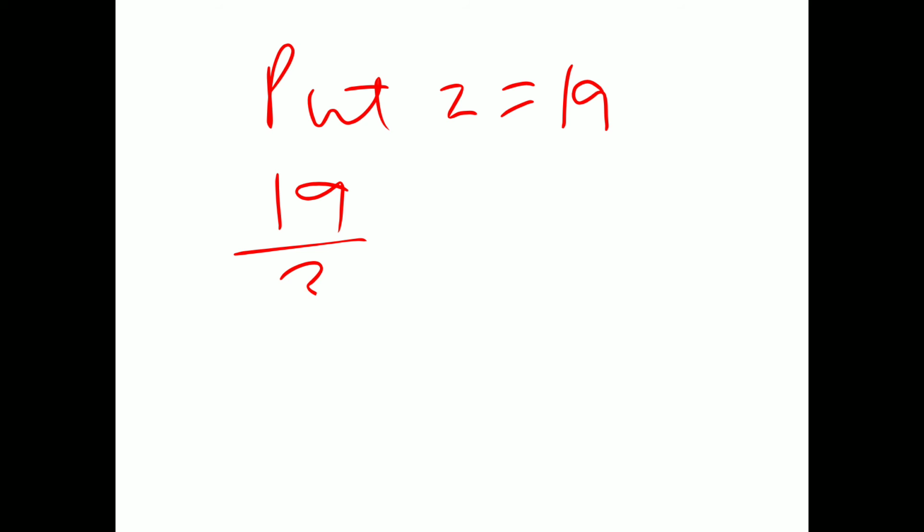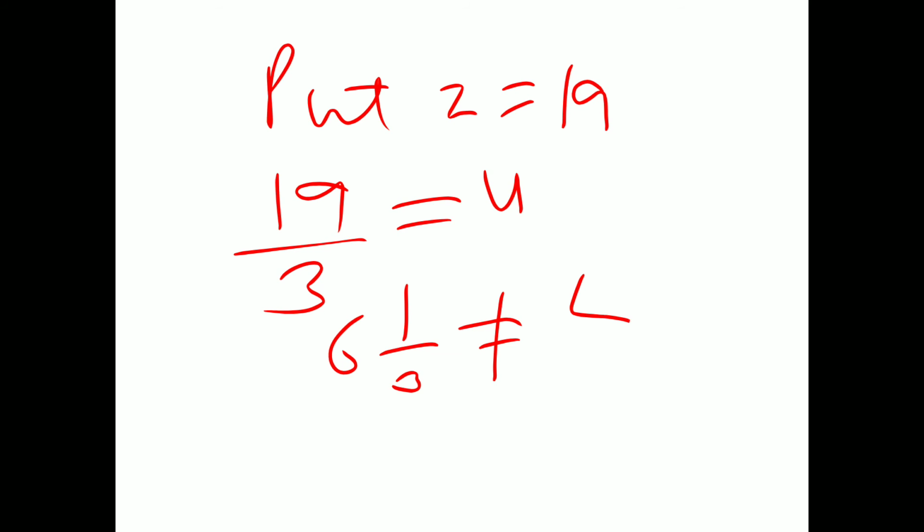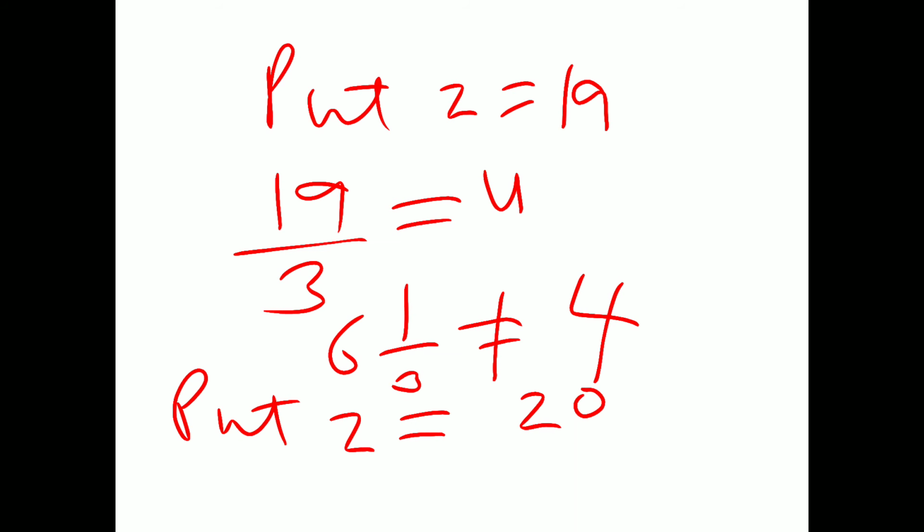Now next time put z is equals to 19. So 19 divided by 3, it should be equals to 4. Answer is 6 1 by 3, which is not equals to 4. Now last time we put z is equals to 20. 20 divided by 3, it should be equals to 4.